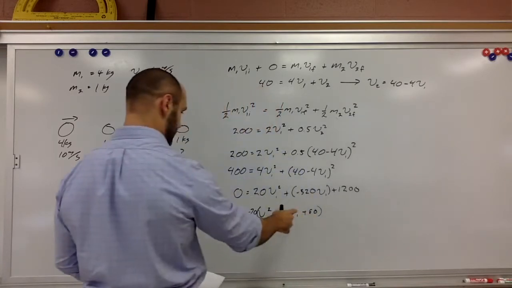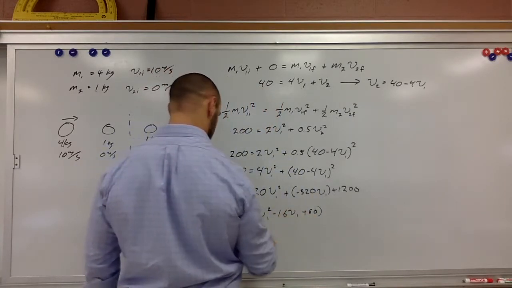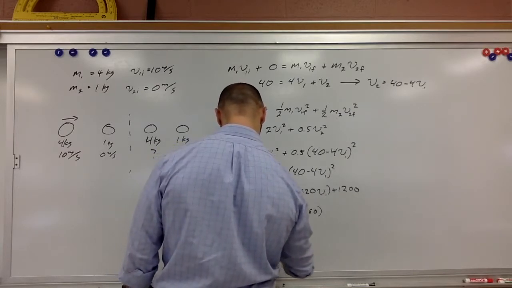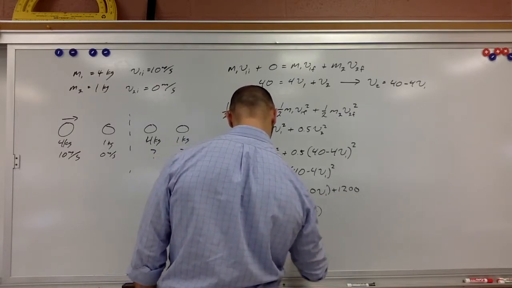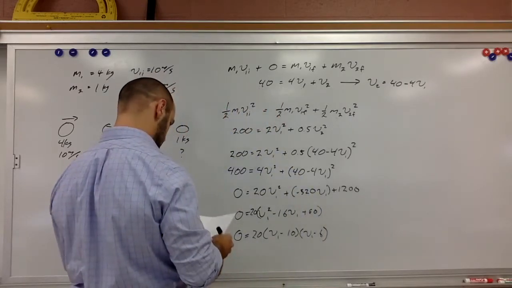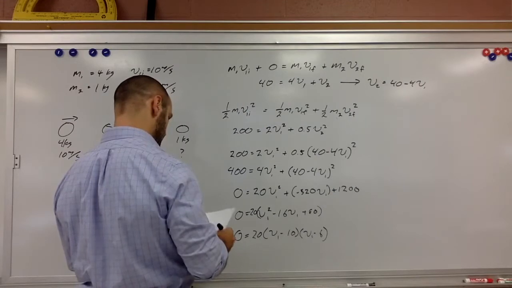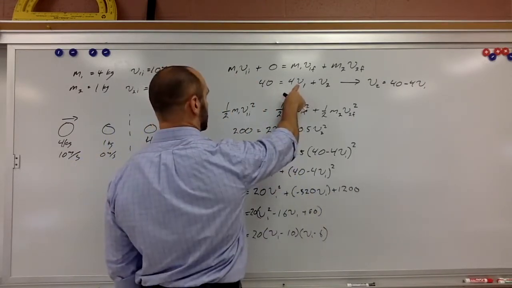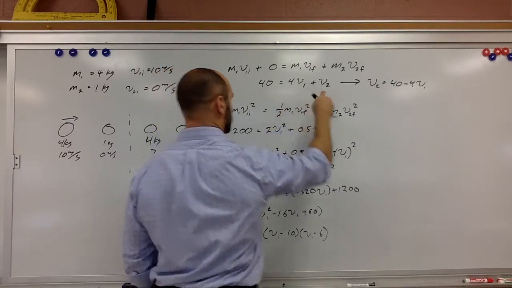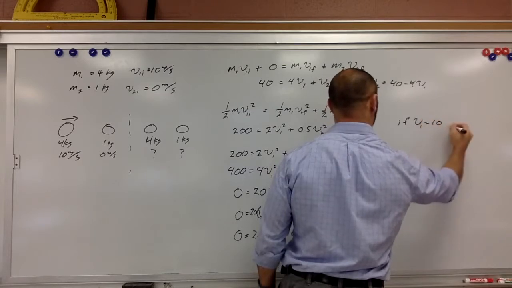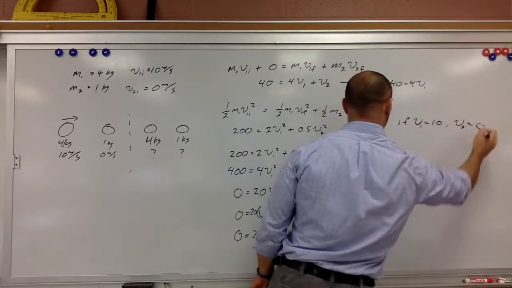You can factor this, right, because 10 and 6, negative 10, negative 6. So 0 equals 20 times (V1 minus 10)(V1 minus 6). And so then if V1 is equal to 10, so if I plug this in here, then V2 has to be equal to 0.